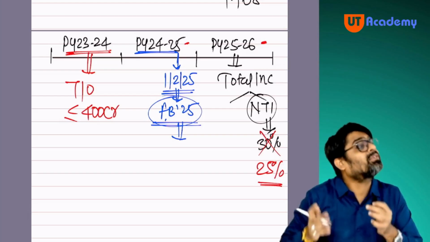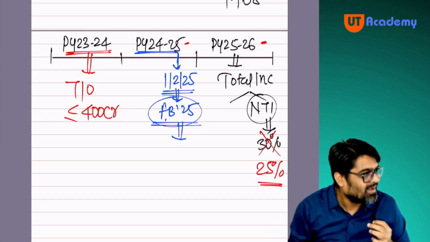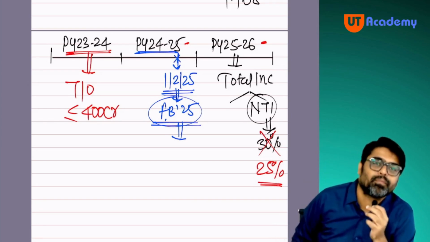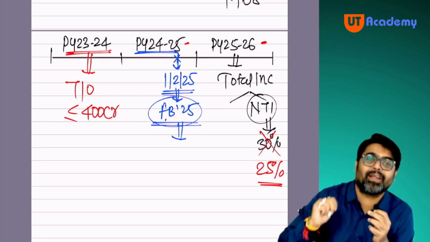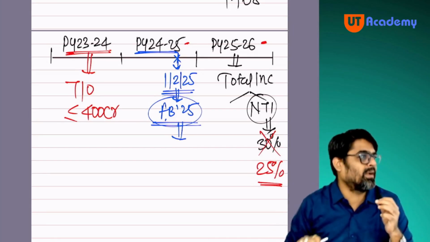Then, sir, at least take the turnover of 24-25. Still, it is risky. Budget is coming on what day? Entire February month and March month, 2 months are still remaining. Within these 2 months, adjustments will be done. Manipulations will be done in the turnover.